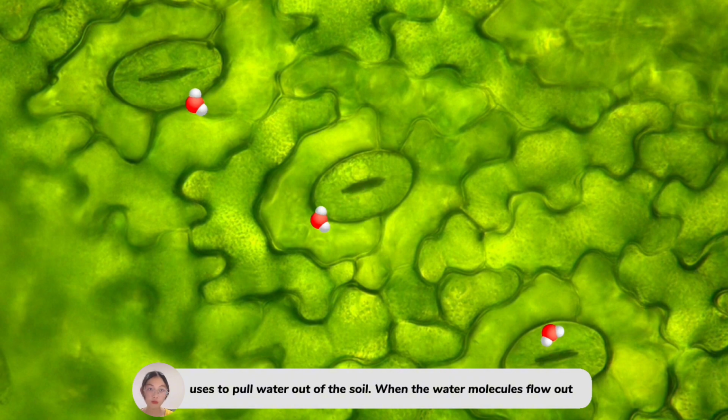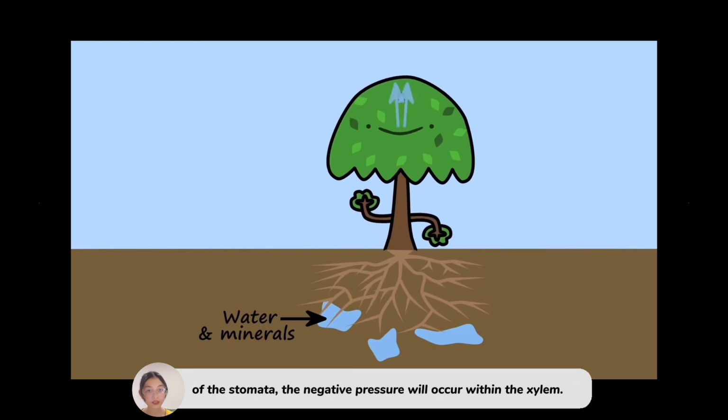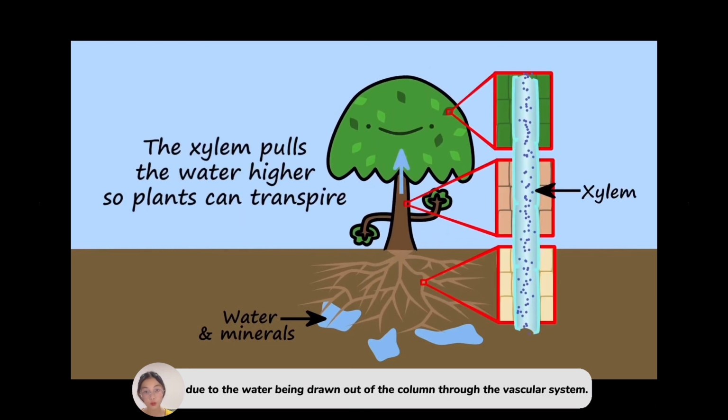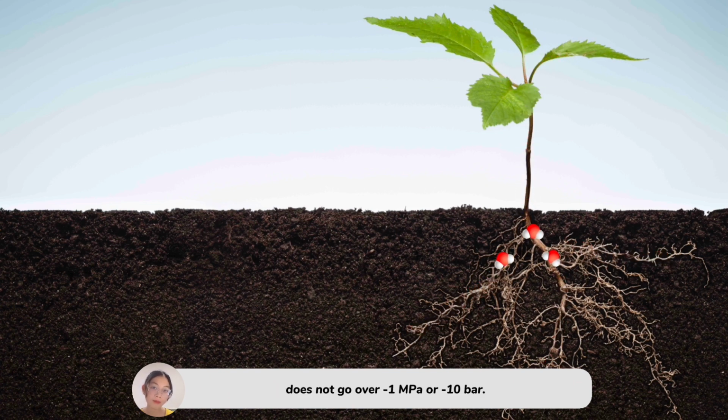When water molecules flow out of the stomata, negative pressure will occur within the xylem due to the water being drawn up the column through the vascular system. This process will draw the water from the root to the top of the plant. It is measured in units of Pascal or bar. The value typically doesn't go beyond -1 megapascal or -10 bar.